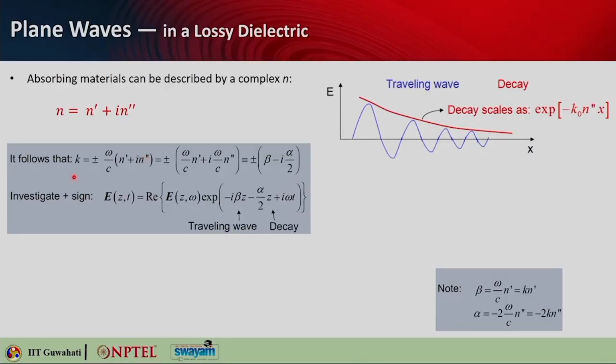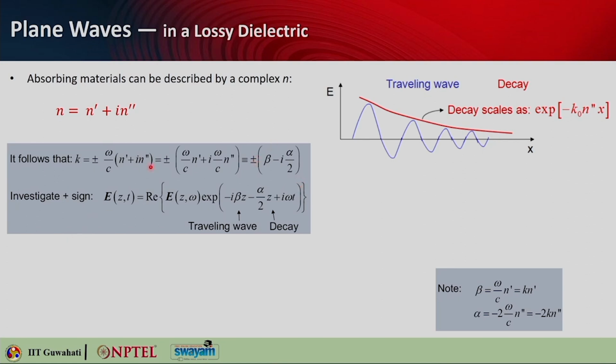So n now will have two parts, a real part and an imaginary part, n prime and n double prime, and this is how they can be correlated. So you can write what k is. k is plus minus omega n over c, and n can be written as n prime plus i n double prime, and then you can split them into real and imaginary parts and equate these with beta minus i alpha by 2. That way you can also find out.